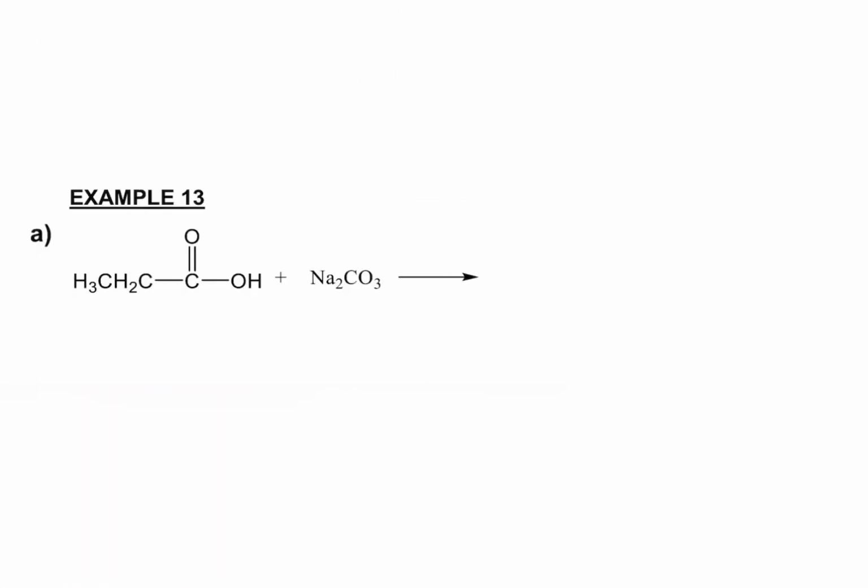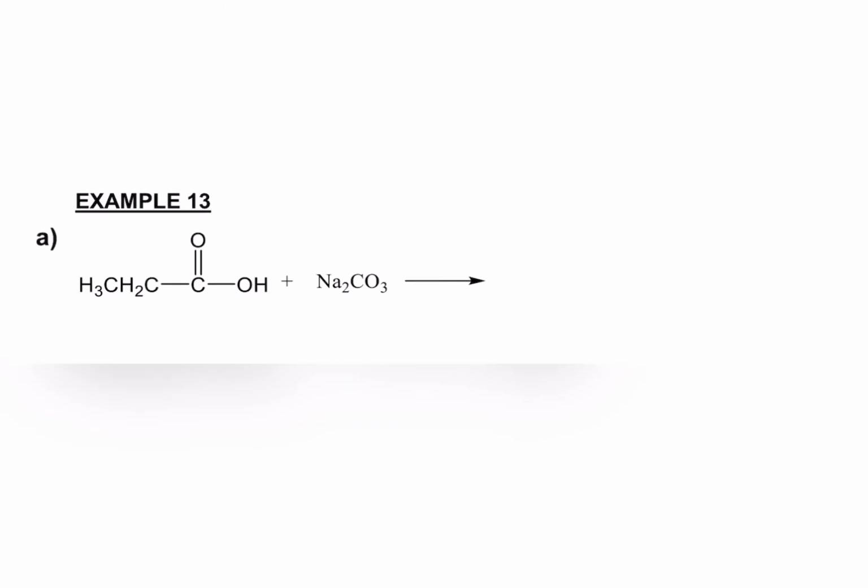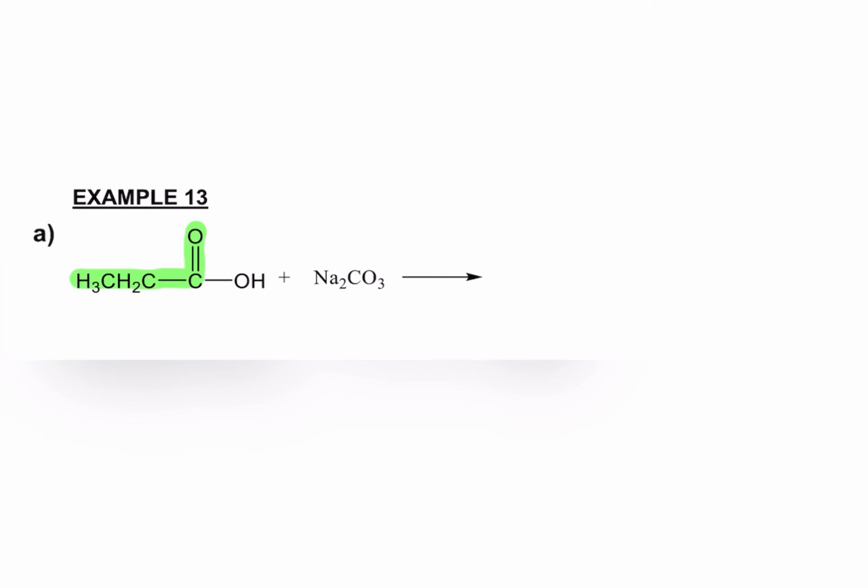So I have example 13. Question A. How am I going to do for this part? I'm going to show my metal carboxylate salt. So don't forget, everything is going to stay as it is for this part. So this one stays as it is. So I'm going to copy back the same chemical equation.